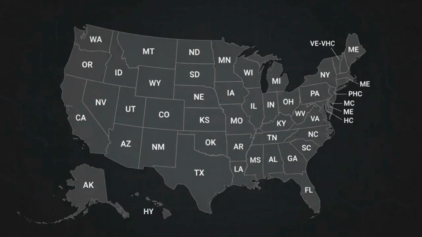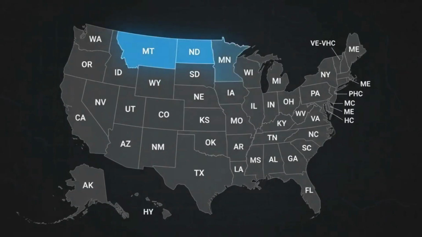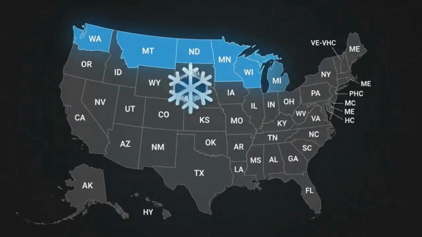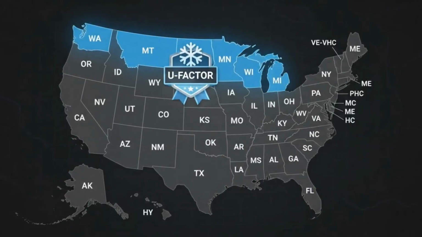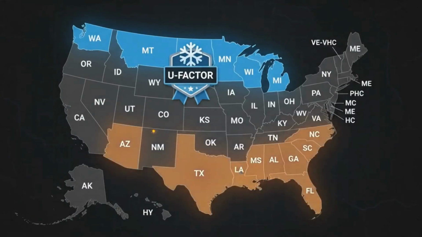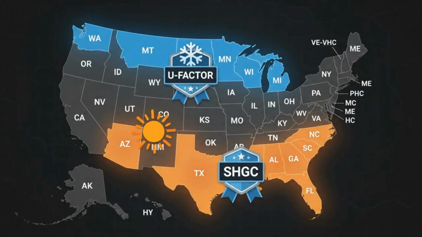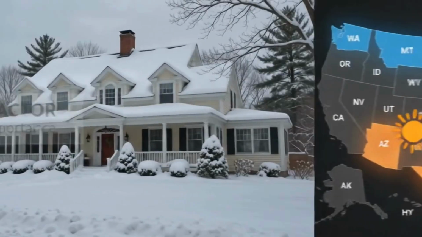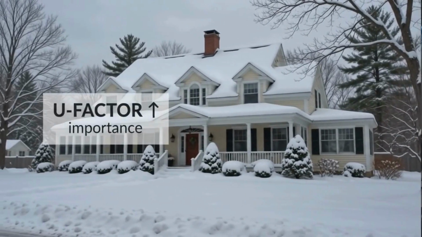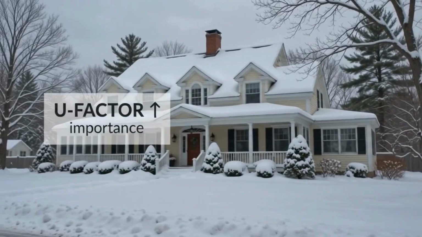Now, depending on if you're further north in the United States or on the globe or further south, each of those numbers becomes more or less important. And what I mean by that is, think about the U factor, which is an insulator. It's telling you how well that window is going to insulate. If we're farther south, we have solar. We have more solar heat gain than way up north.